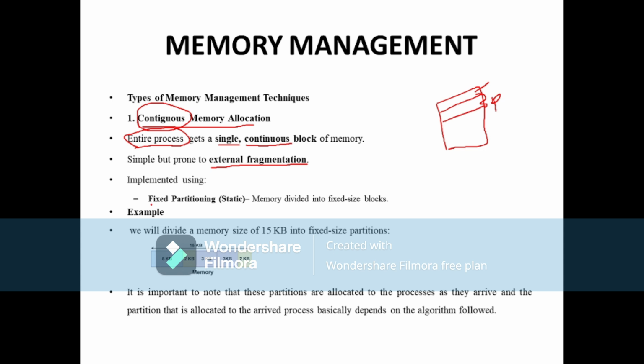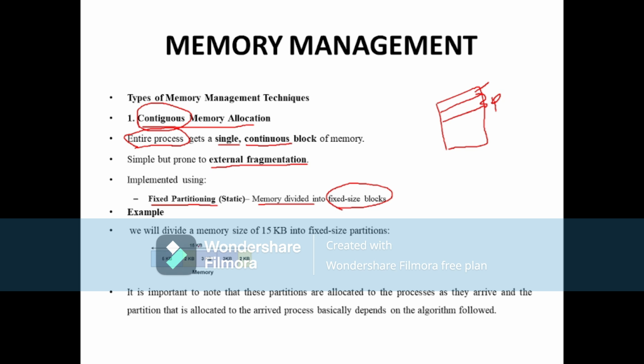This is implemented by using fixed partitioning, also known as static partitioning. So what is this fixed partitioning? It simply means that the memory, or our RAM, is divided into fixed sized blocks. Here is an example of our RAM.